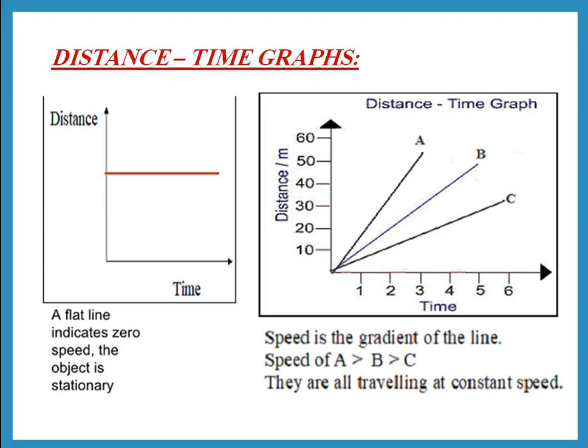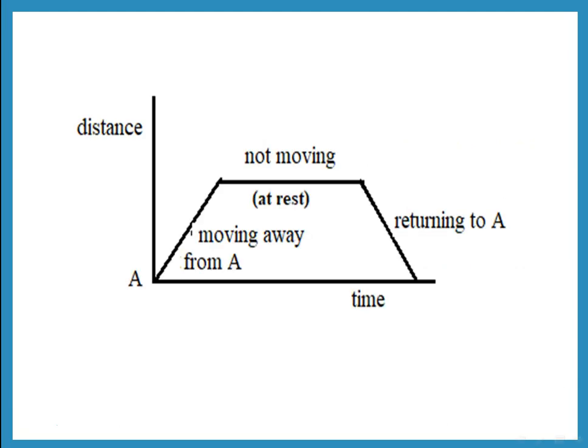So the bigger the slope, the higher the speed. Which of these is fastest? You should realize that A is faster than B, B is faster than C, and they are all moving at a constant speed. So when you have the distance time graph and it is a straight line, it's a constant speed.